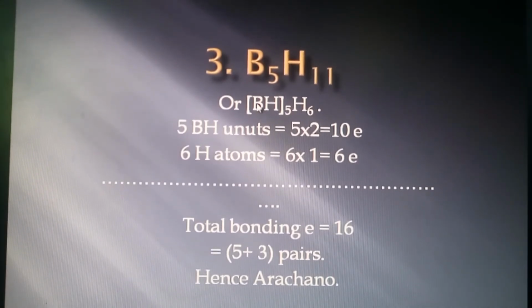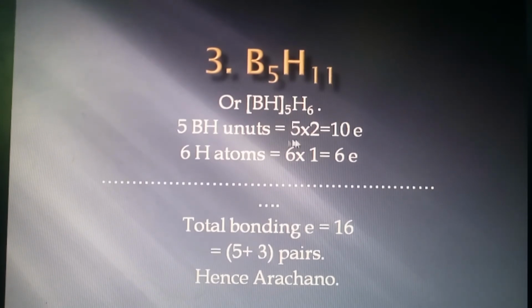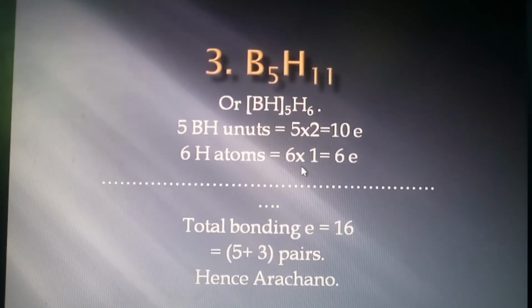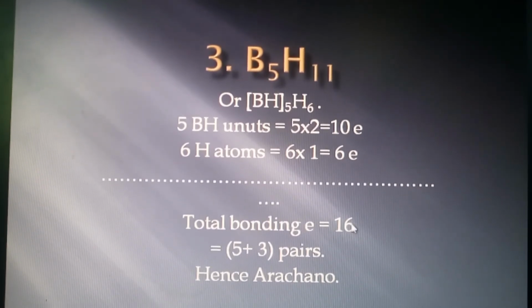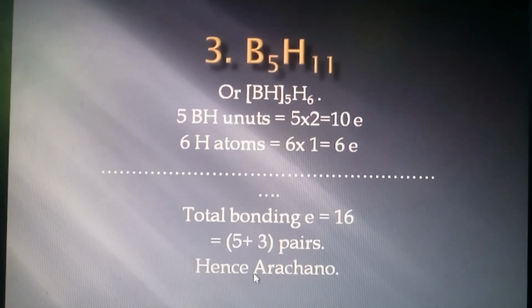That means it contains 5 BH units and 6 hydrogen atoms. 5 BH units contribute 10 electrons, that is 5 into 2, and 6 hydrogen atoms contribute 6 into 1, that is 6 electrons. Thus the total number of electrons equals 16 or 8 pairs. 8 pairs means 5 plus 3 pairs, that is n plus 3 pairs. Hence the structure is arachno.